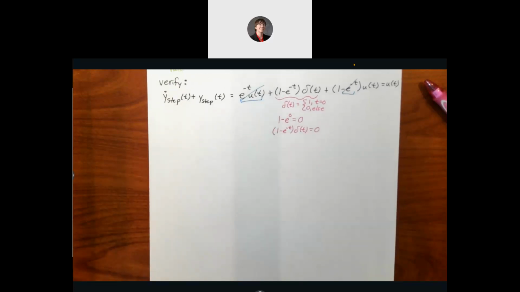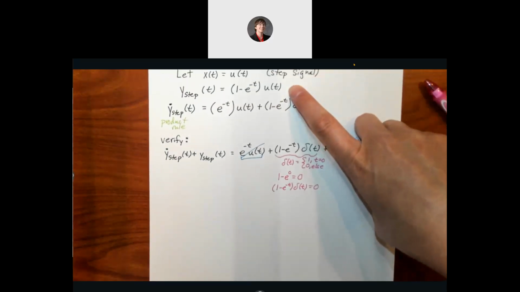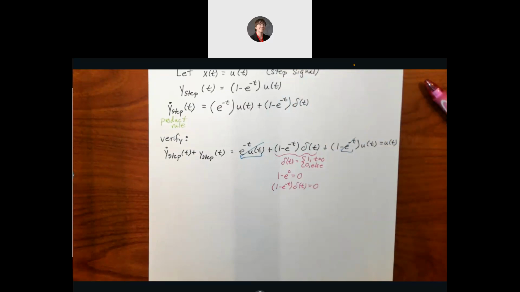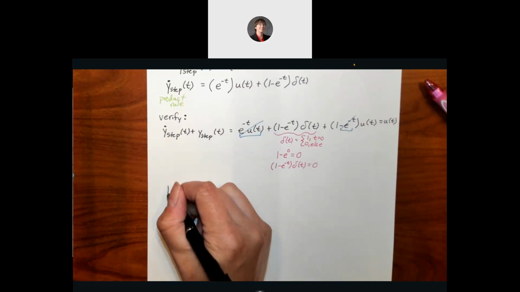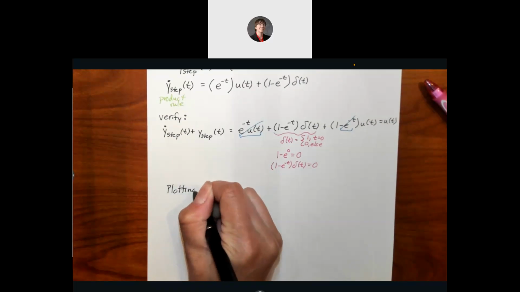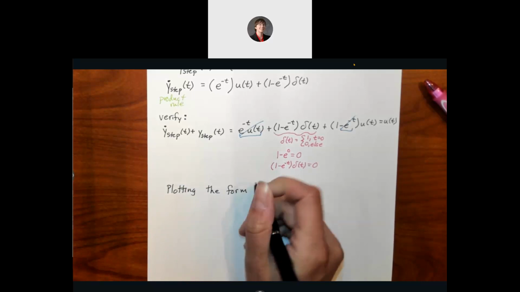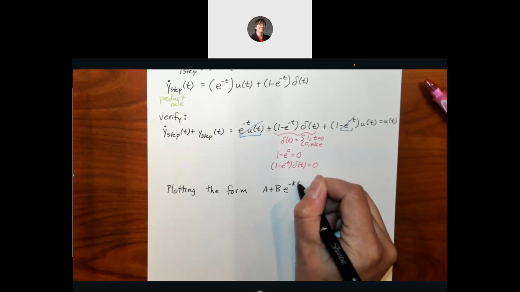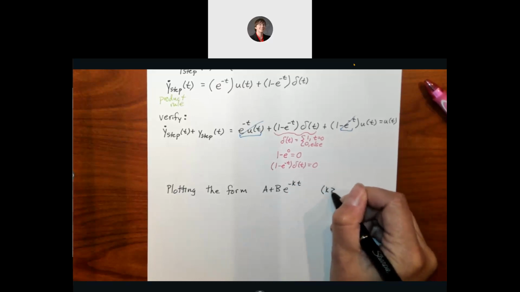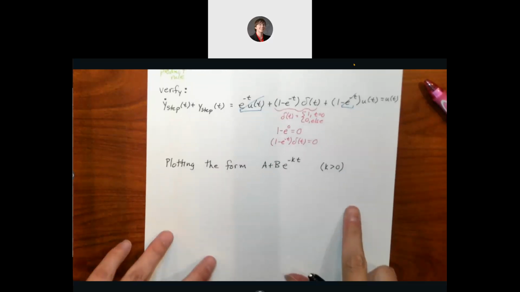All right, so if I'm interested in plotting this step response, that gives me an idea of how my circuit is behaving. So if I have something of the form a plus b e to the minus k t, we're going to assume k greater than 0, so we actually have a decaying exponential in that second term.